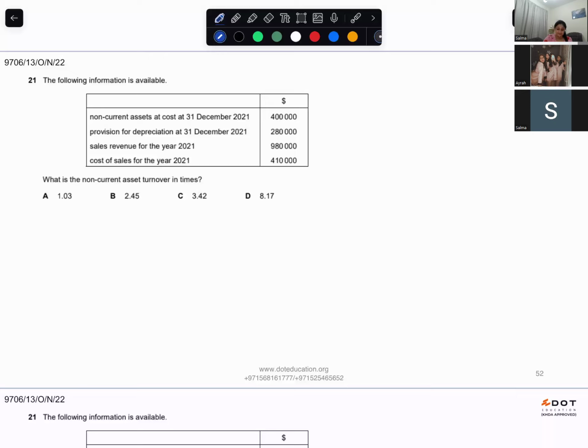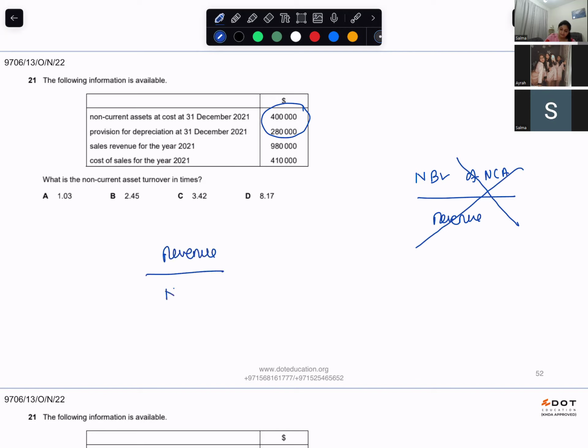So what is the non-current asset turnover in times? It is net book value upon revenue. Net book value of non-current assets upon revenue. They want it in times, right? So sorry, in times you will reverse the formula: revenue upon net book value of non-current assets.